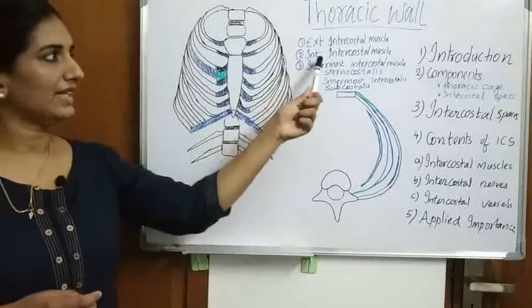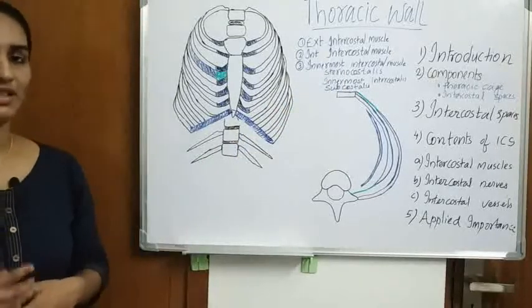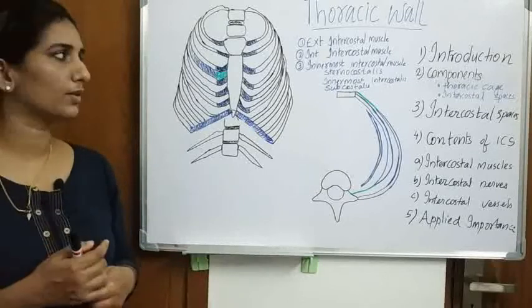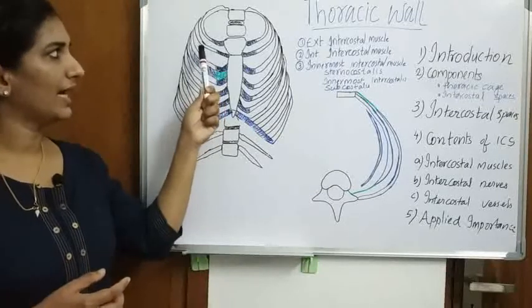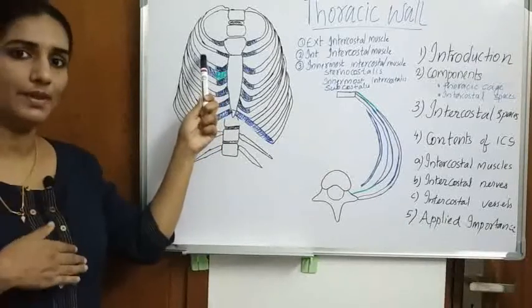Moving to the internal intercostal muscle. The internal intercostal muscle takes origin from the costal groove of the rib above, and gets inserted into the inner lip of the rib below.